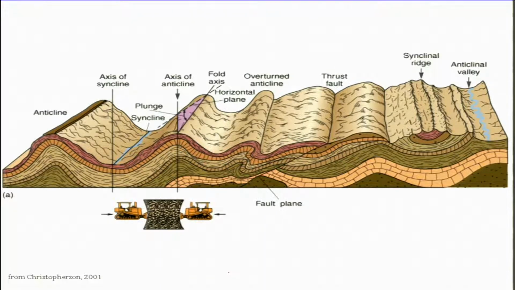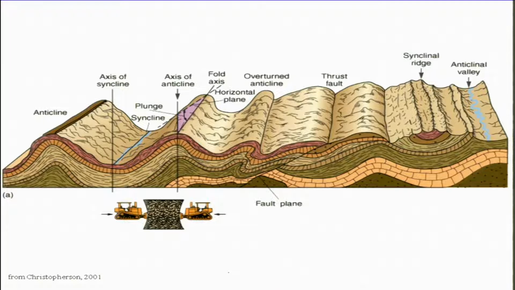So, any deformation on the earth's surface will result in attitudes in the rocks. This is not exactly the attitudes we have in our lives, but these are the attitudes of the rock. As soon as you deform the rocks, they will lead to folding and fracturing.